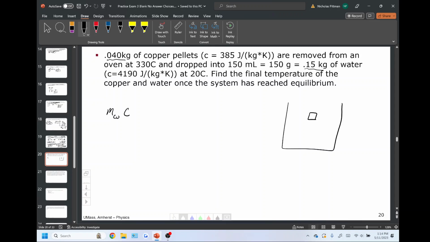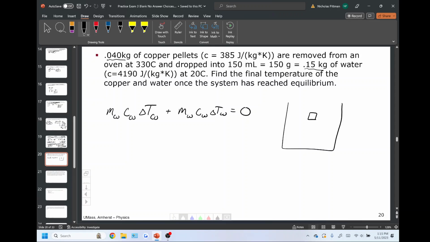As usual, we just add up all the MC delta T's for every object involved. And they automatically come with the correct sign. Delta T will automatically be positive or negative depending on which temperature is greater, so no extra signs needed.